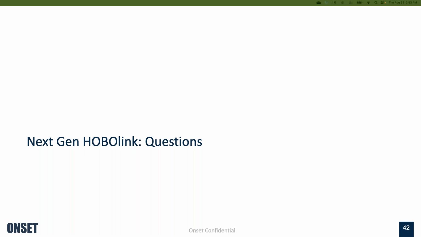So the first question I have is, when and how can we access the new HOBOlink? Will it be through the same web link and login information that we currently use? So great question. You'll be able to access the new HOBOlink after we've migrated your account over. As I mentioned before, we're aiming to launch next-gen HOBOlink, which will start the migration process towards the end of September, early October.